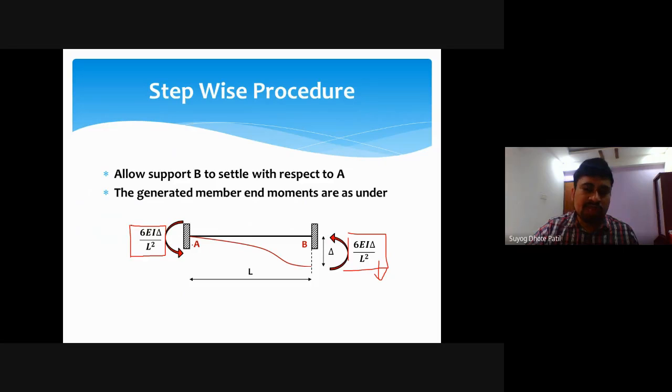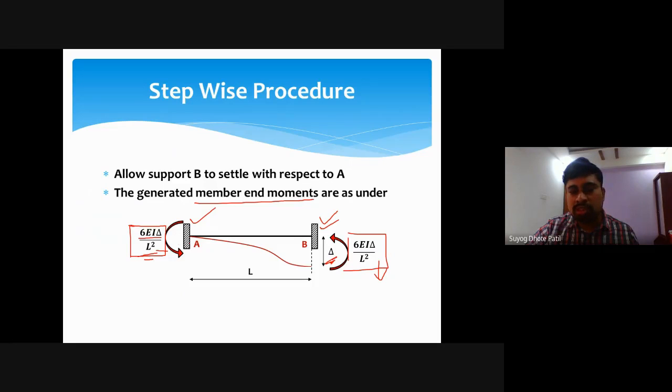After considering this whole assembly, the member end moments are 6EIΔ/L². Now both ends are fixed; this is an assumed parameter. If I consider this joint as fixed, then this displacement can't be possible, right? So on the assumption that both ends are fixed, but support B settles down, the member end moments will be like this.